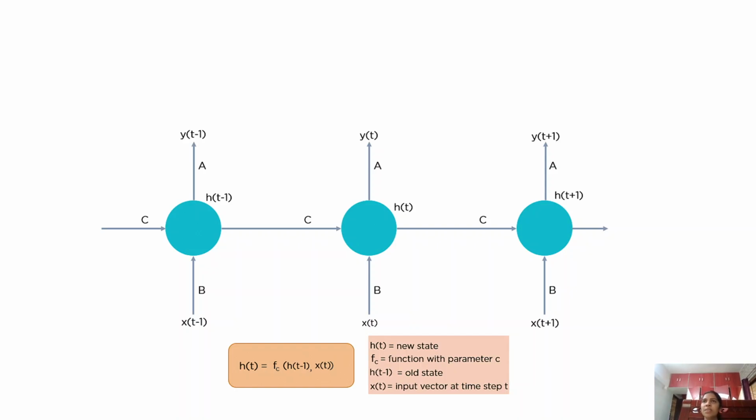And h of t minus 1 will carry some information about the first input, and this information will be forwarded to the next, because for sequential classification and sequential sentences it is very necessary to have some information of the previous one. And y of t minus 1 and so on will again be variable outputs.